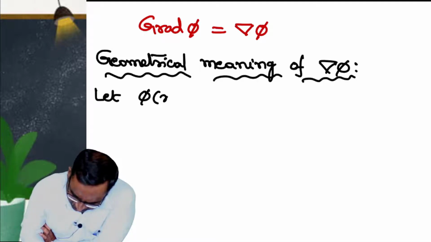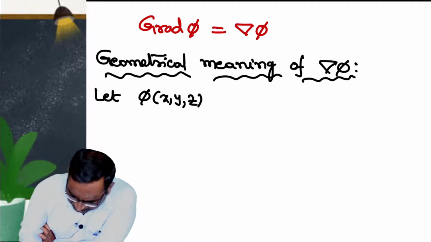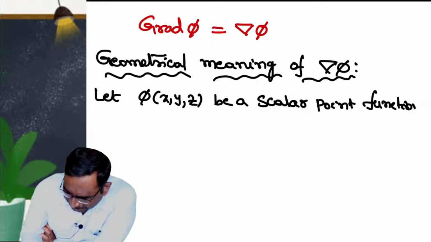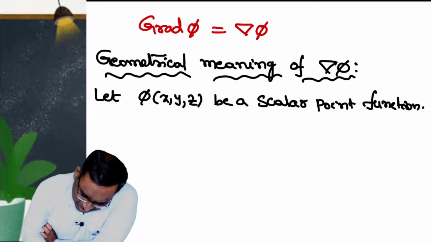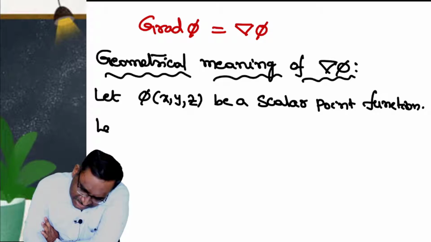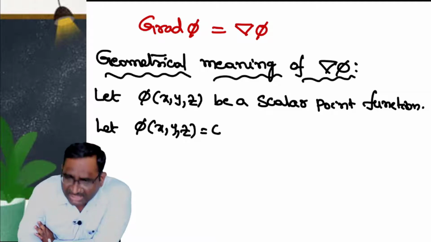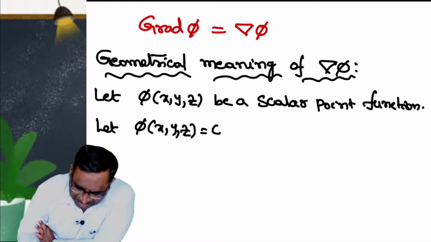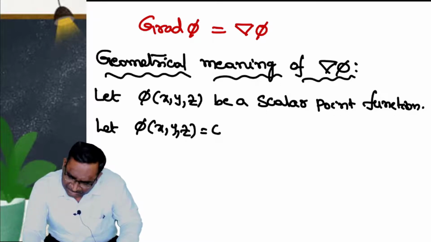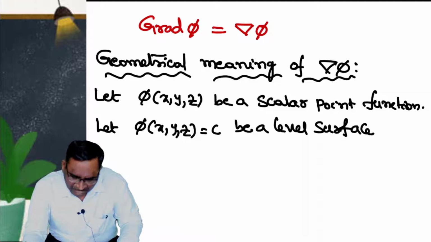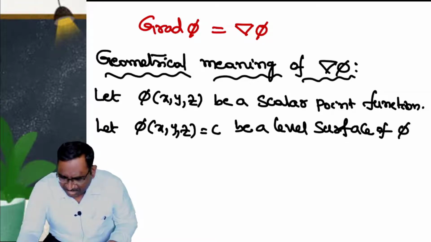Let phi of x comma y comma z equal C. The set of all points satisfying this equation, we already defined, is a level surface of phi.